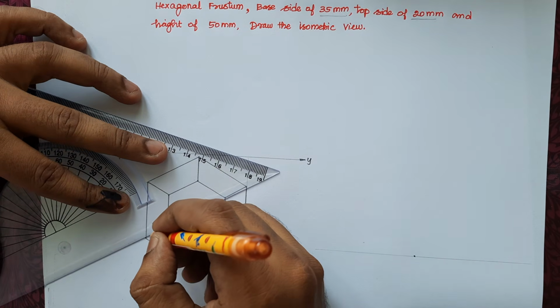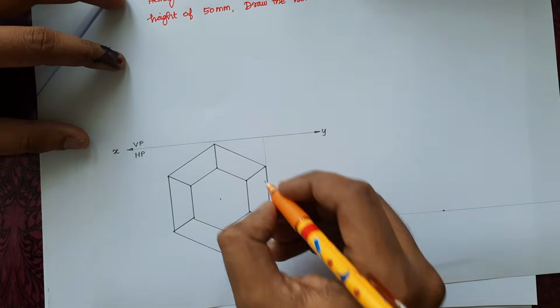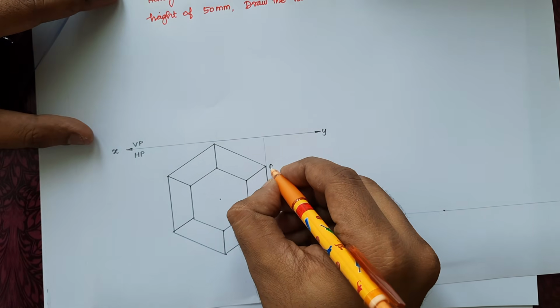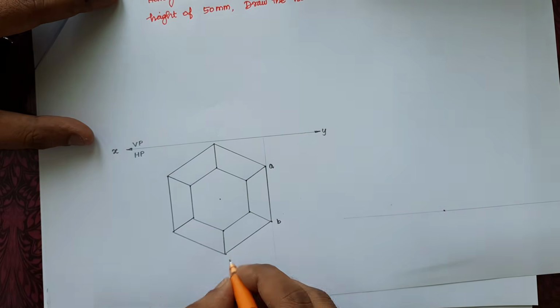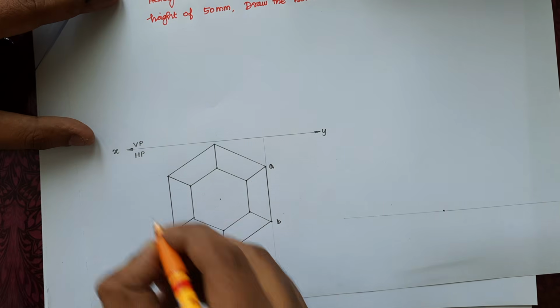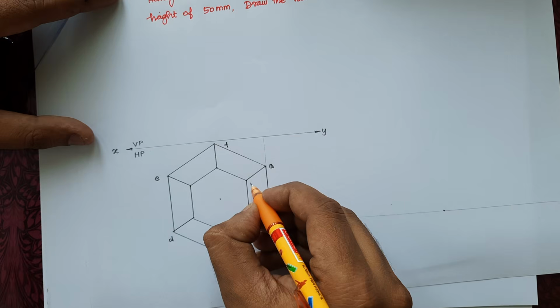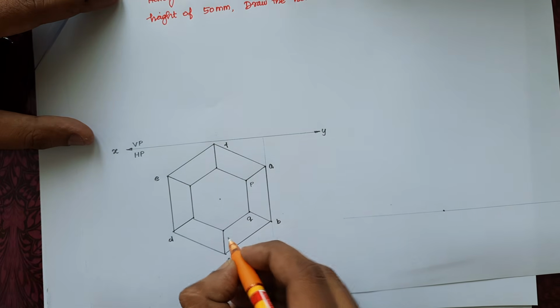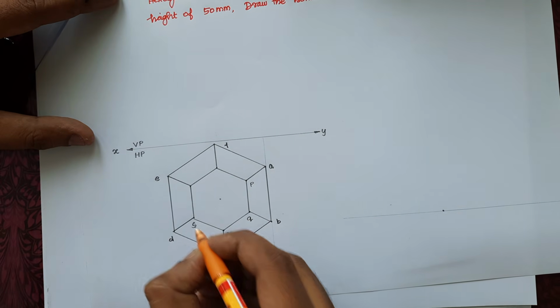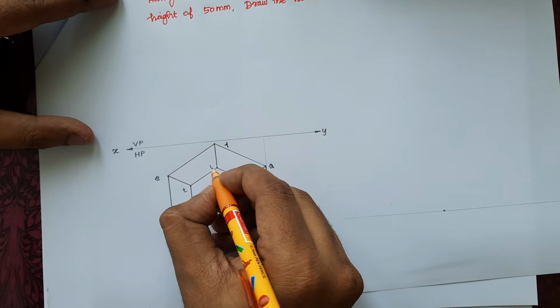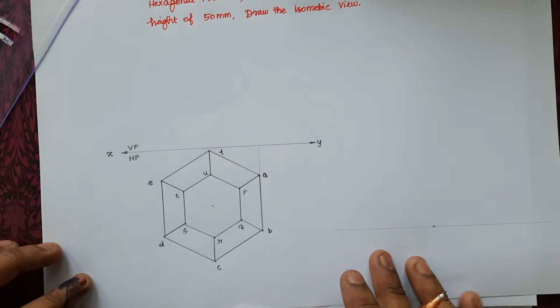So there will be no apex point, and I can name it. The base will be ABCDEF. The top hexagonal surface will be PQRS, PQ. So I have named it like that.